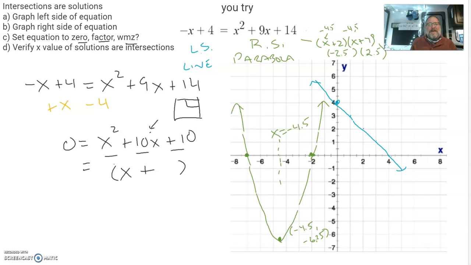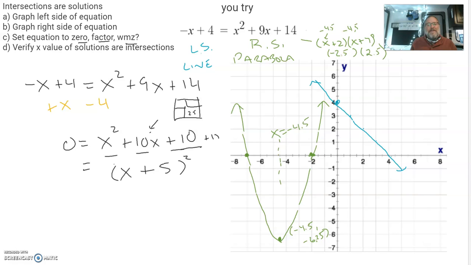And that's how you can get a square. If you've played with tiles, that should make sense. So I can turn this into x plus 5 squared as long as I have the right number at the end, the constant. And I don't. Because if it was x plus 5 times x plus 5, that would be a 25 right there.